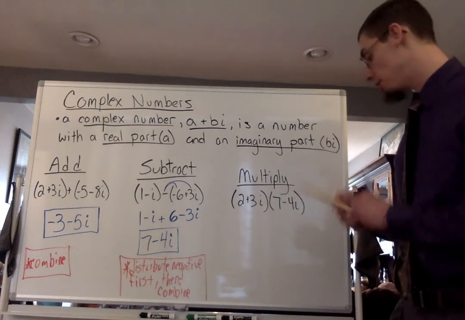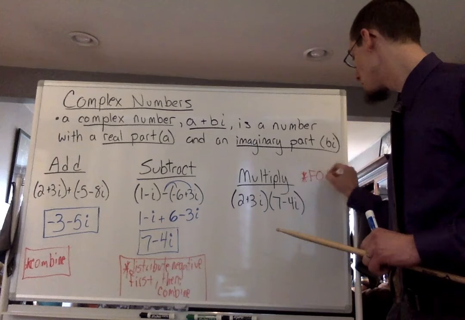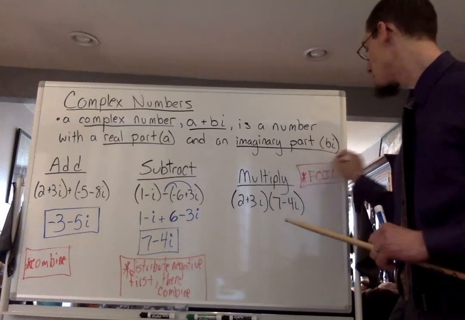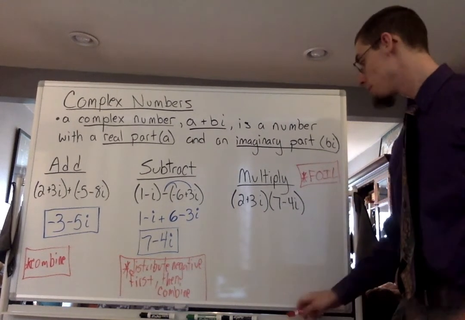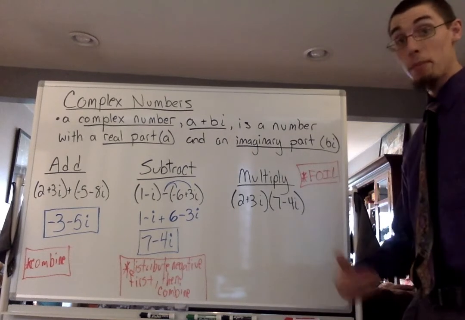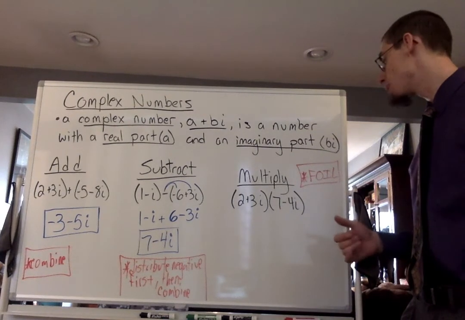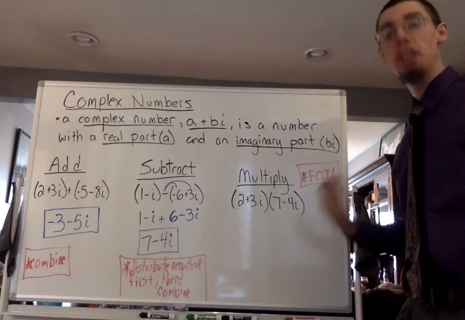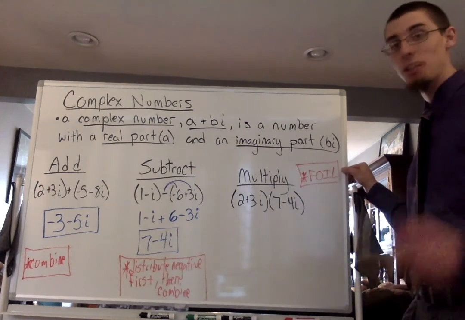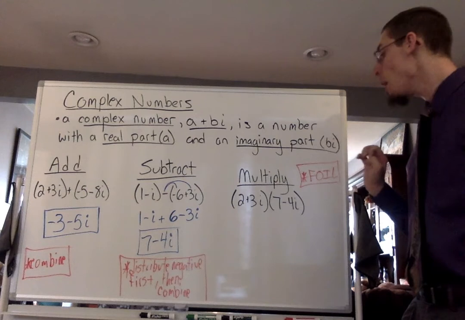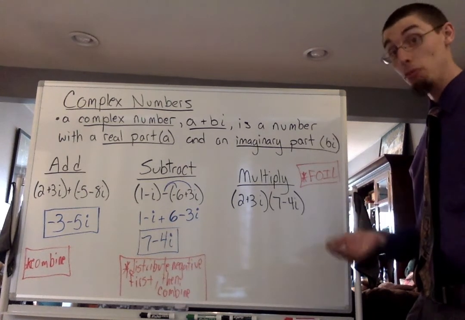So this particular problem is a FOIL method problem. Now, you all know me. I don't really like calling it the FOIL method. I call it the FOIL method because that's what you're used to. But really what you're doing is distributing, right?